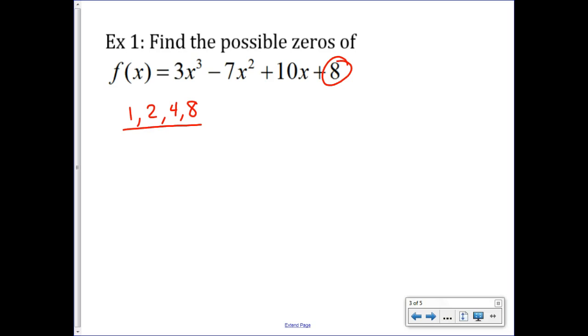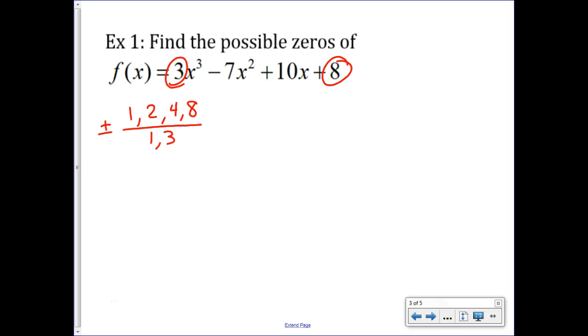And then our leading coefficient is 3. So all of the factors of 3 are 1 and 3. Those are all of the things that we can multiply or divide evenly and get those numbers back out. However, we can do the positives or negatives of any of those.